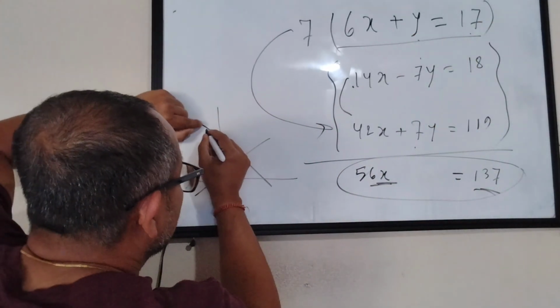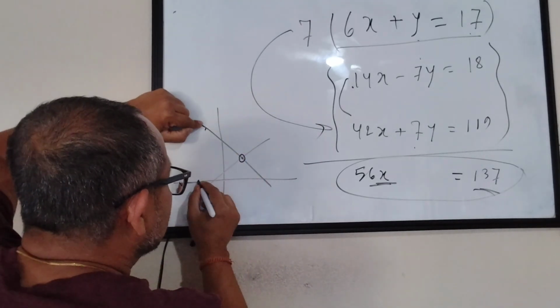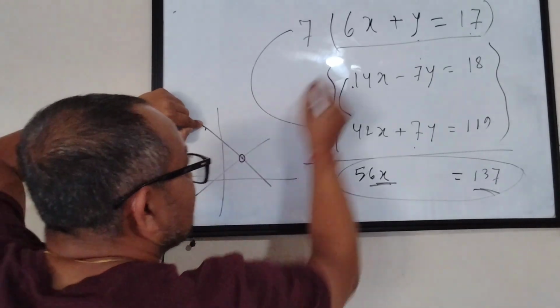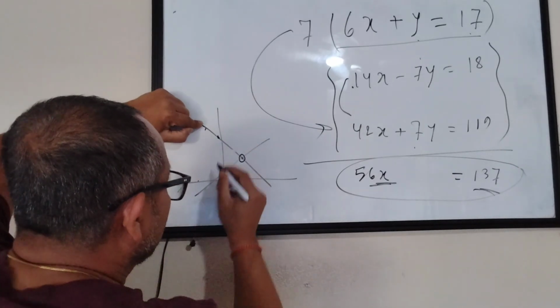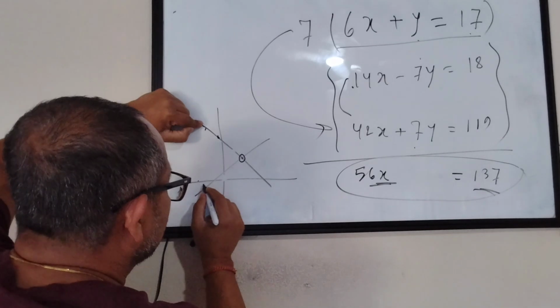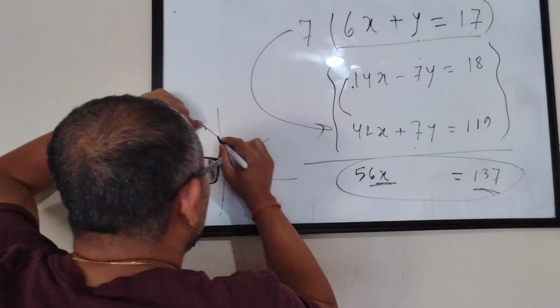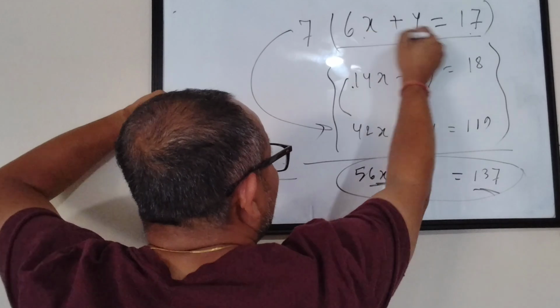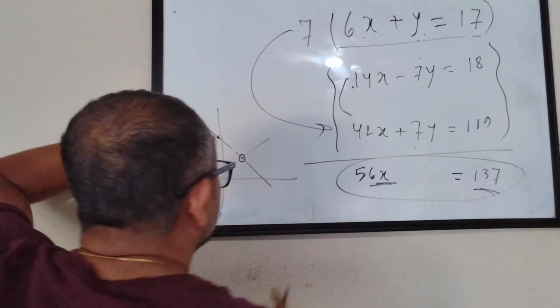Look at this one. Let's say this is the equation for the first one. Here the value of x is less, value of y is more. It's giving the same value. If you come here, what happened? The value of x further increased. It was negative something, it became less negative, so it increased. So what happened? X's value increased, y's value decreased, so that together it remains this much.